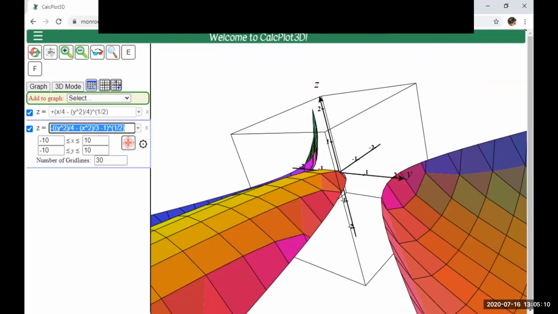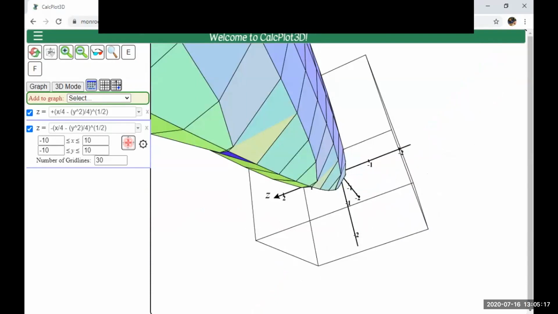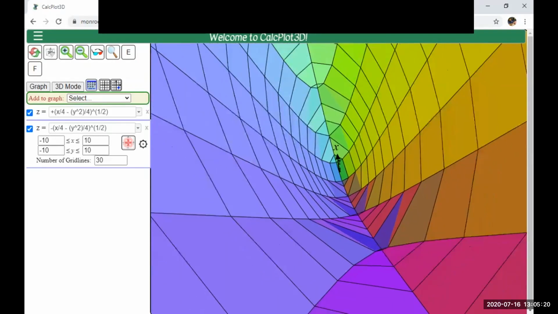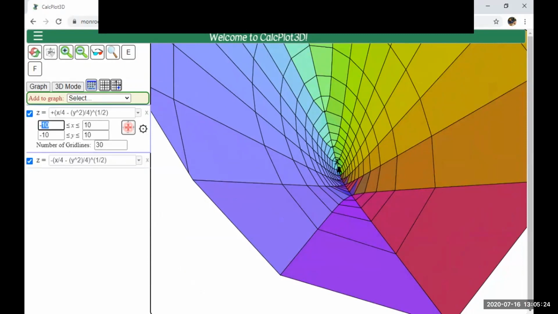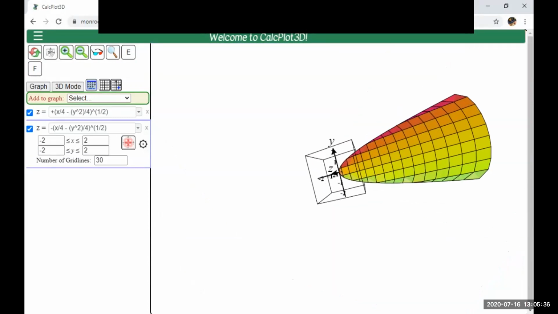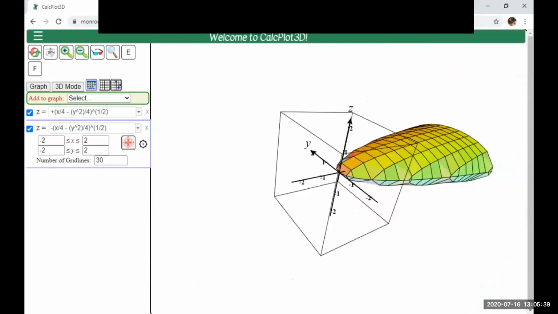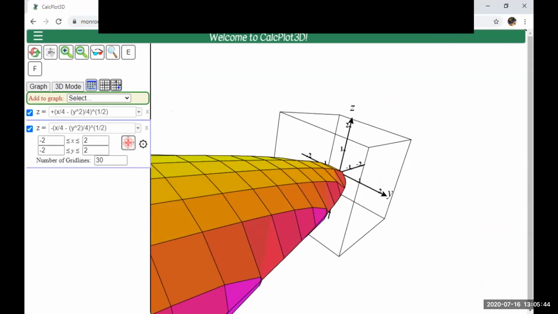The other one is minus that. Okay, we are very close to this surface. And probably if we change these to minus 2, 2, and this one to minus 2, 2, minus 2, 2, we would get a better picture. So this is z, this is y, this is x.